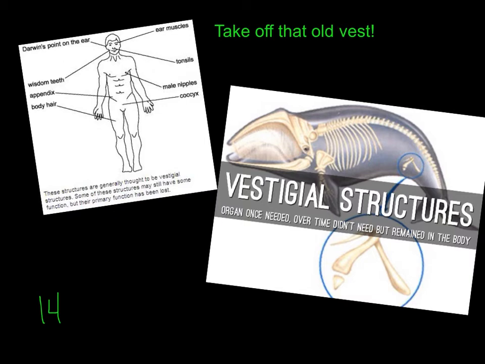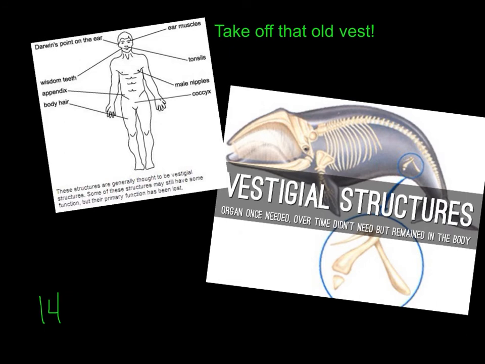One example of a vestigial structure is the appendix in humans. So you get your appendix removed, so that helps us with the take off part. So take off that old vest. Vest reminds us of the vestigial structures. Another example was the pelvic bone that is present in whales, which is not connected to anything. It's simply there. So it's not needed anymore, but still in the body.